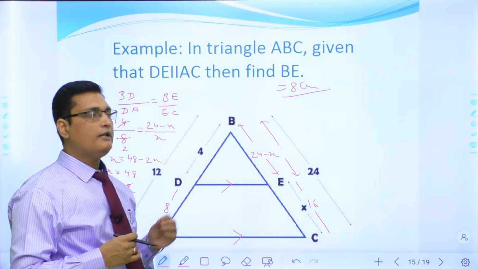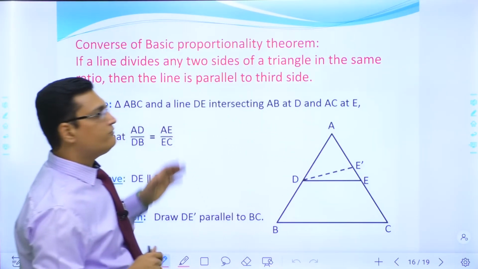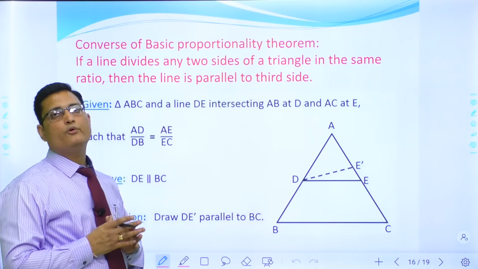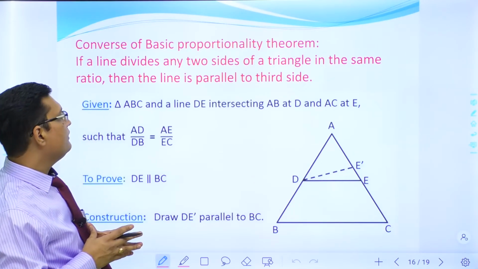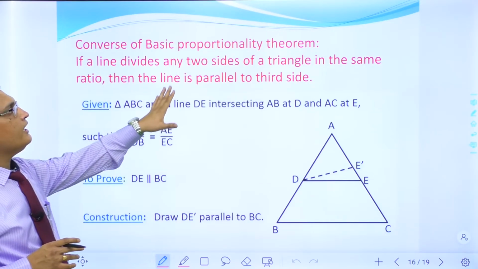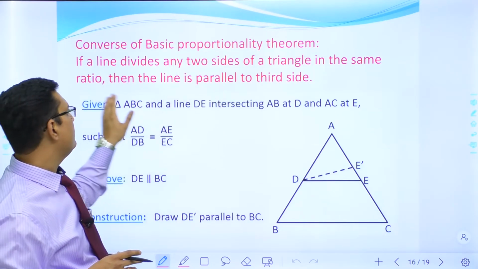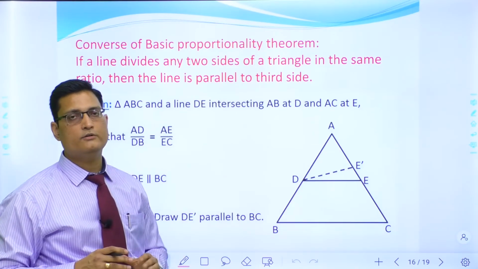Now students, today's last topic we are completing, that is the converse of the basic proportionality theorem. What is the converse of the basic proportionality theorem? The theorem is saying if a line divides any two sides of a triangle in the same ratio, then the line is parallel to the third side.